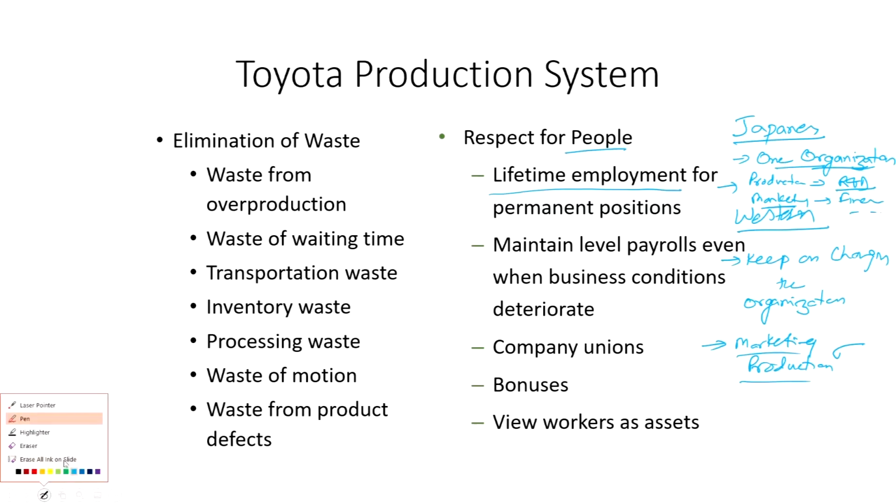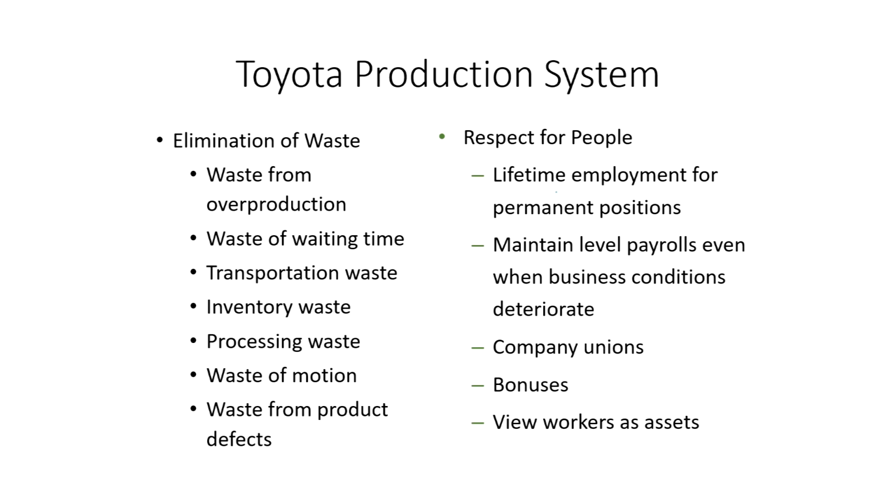Moving forward. So, lifetime employment is one important aspect in the JIT system, in the Japanese culture. They maintain a level payroll even when business conditions deteriorate. They do not fire people if the production levels are low or the demand is low. What to do with this manpower if the demand is less?